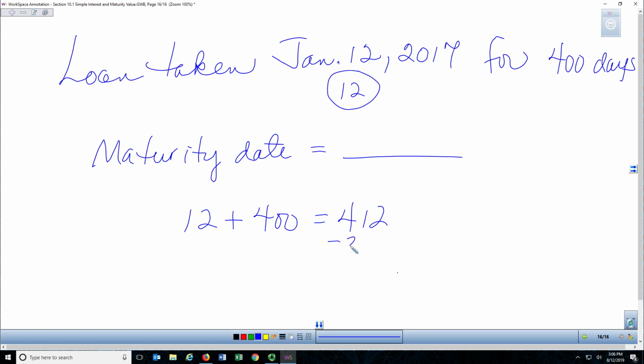So I need to subtract 365 from the 412. And I get day 47. So I will look up day 47, and that will be February 16th, 2018. So it will be going into the next year, and again, that is the day I have to pay off my loan.